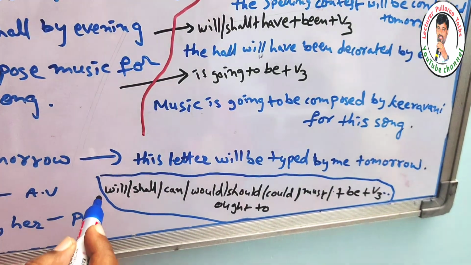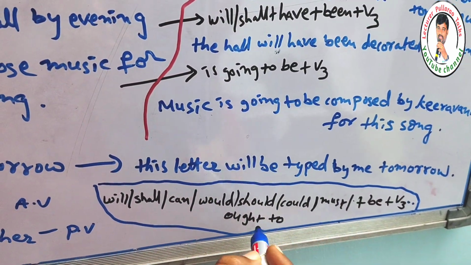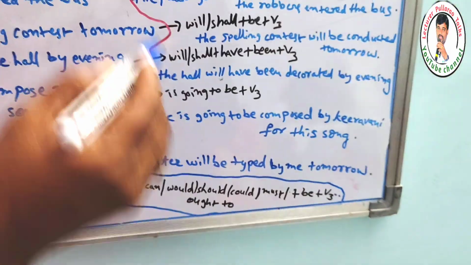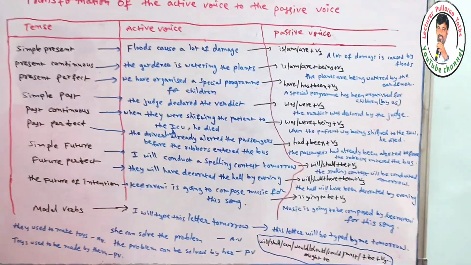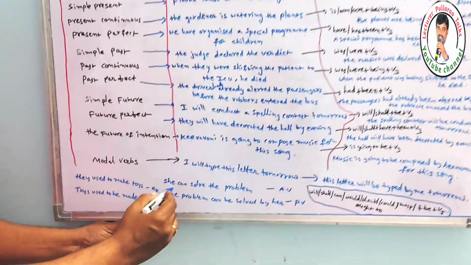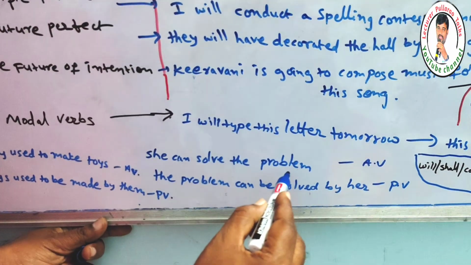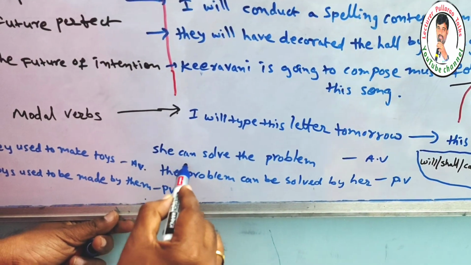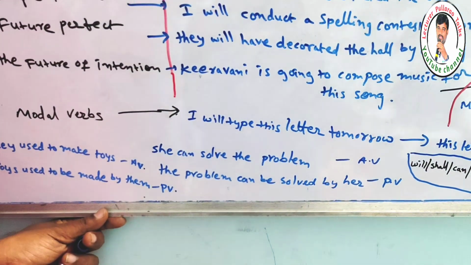This is the structure to convert active to passive for modals. I will give some more examples to make it clear. She can solve the problem. This is active voice.